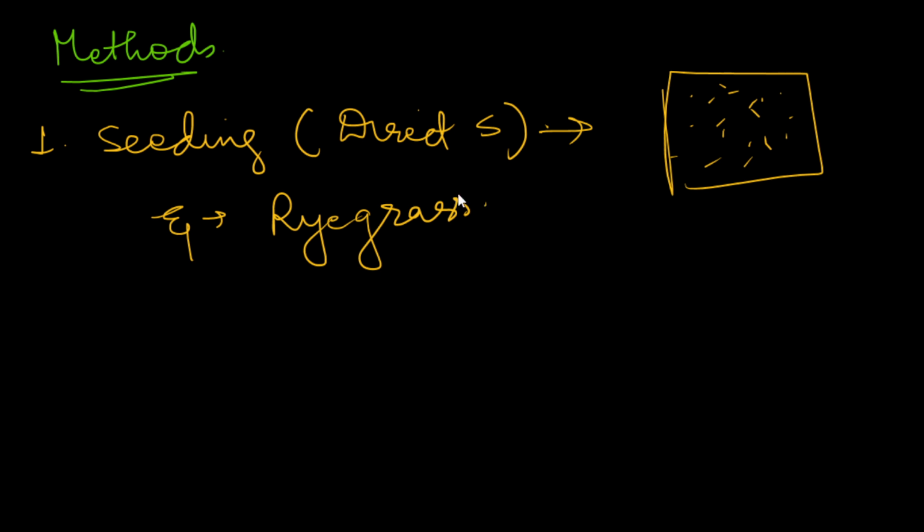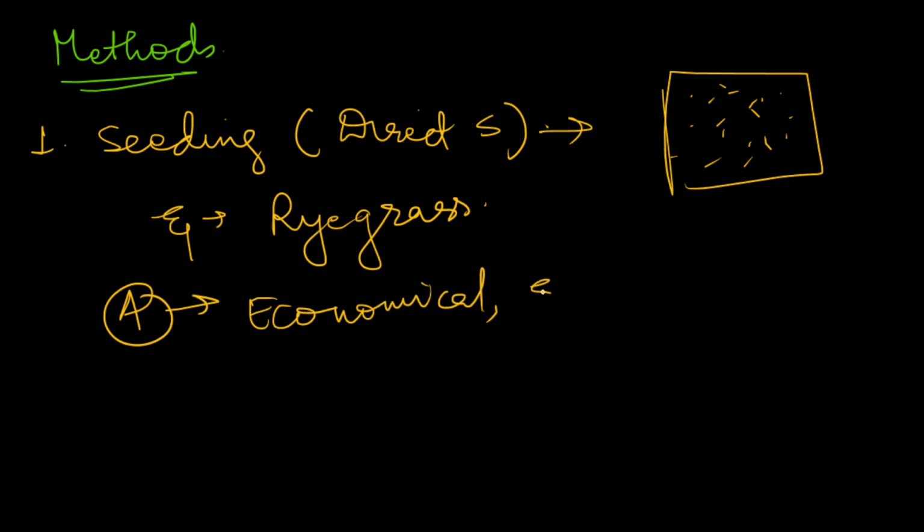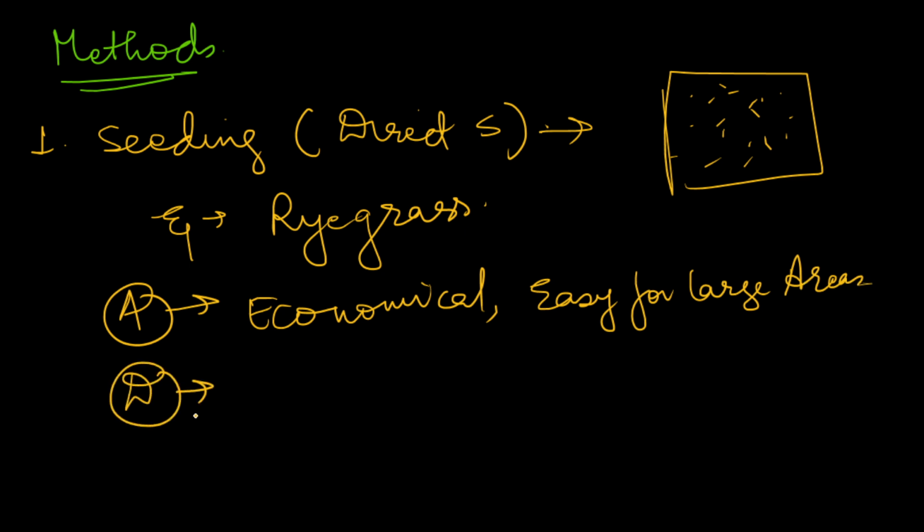It has certain advantages and disadvantages. In advantages, you can mention that it is economical and easy for large areas. But there are certain disadvantages also, such as uneven growth because you are using seeding.